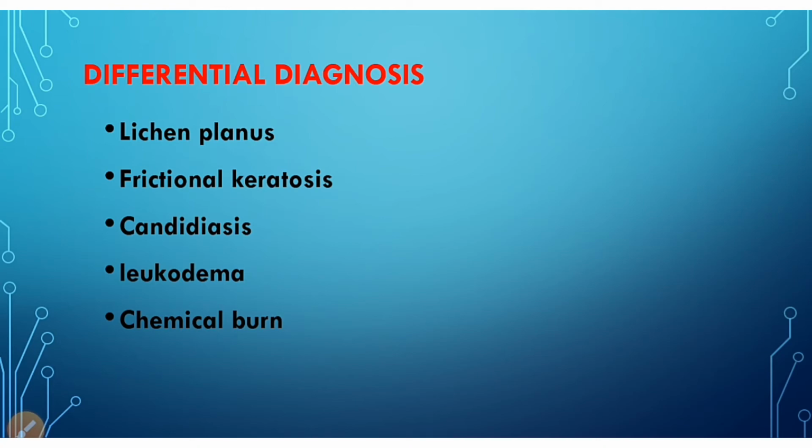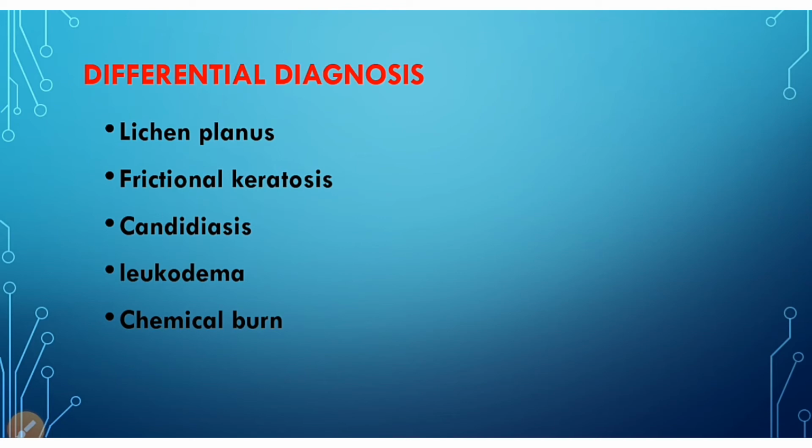Also candidiasis. In candidiasis, the white lesion can be easily wiped off, and if you wipe, there is a red ulcer beneath the white layer, while in leukoplakia the white layer cannot be scraped off or removed easily. And leukoedema.